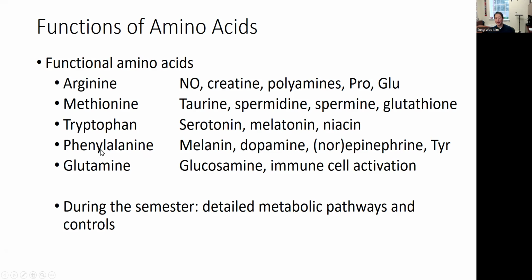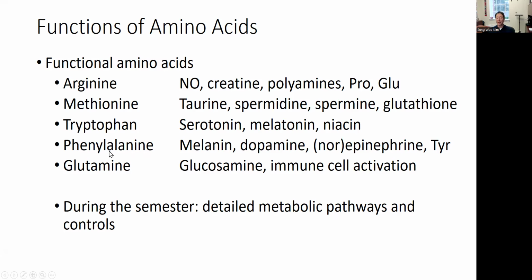Phenylalanine is another interesting amino acid with very special functions. It is converted to melanin in the melanocytes, the cells of the skin. Melanin will cause pigmentation.